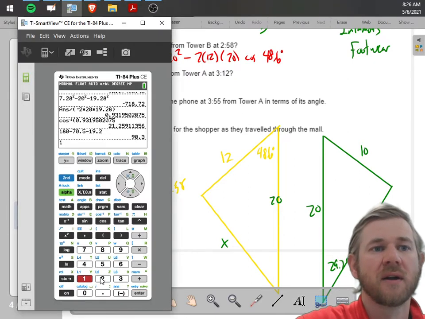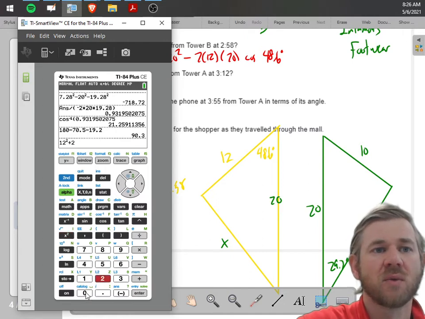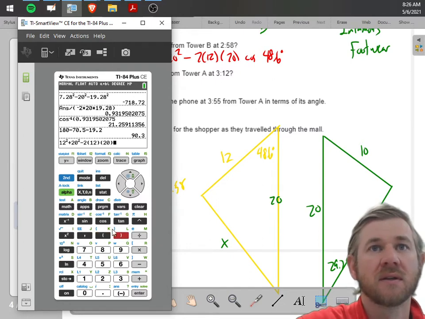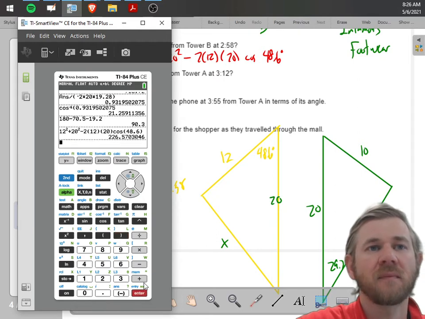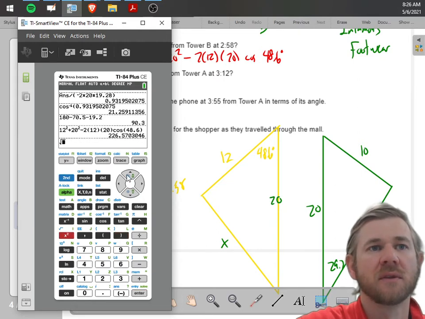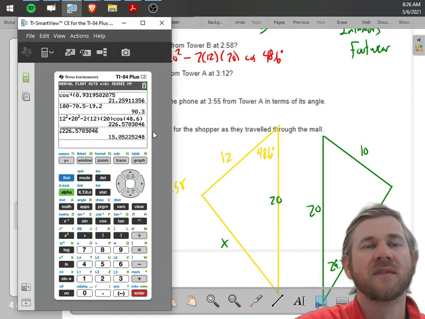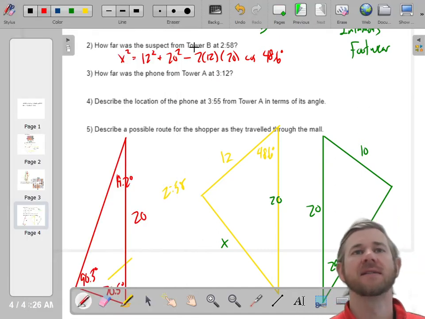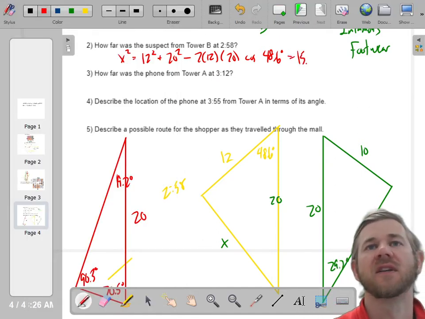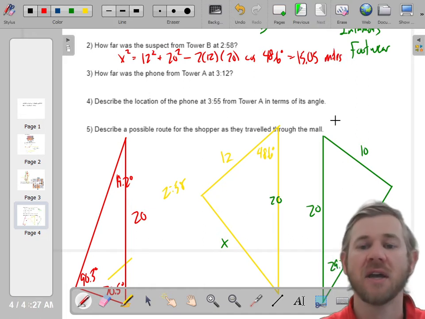So 12 squared plus 20 squared minus 2 times 12 times 20 times the cosine of 48.6. I get that, which I square root, and get 15.05. So then this is 15.05, and we'll say these are miles. So 15.05 miles from Tower B.